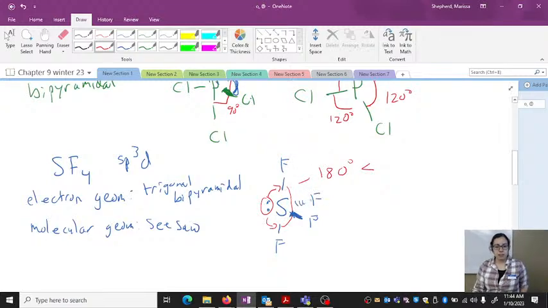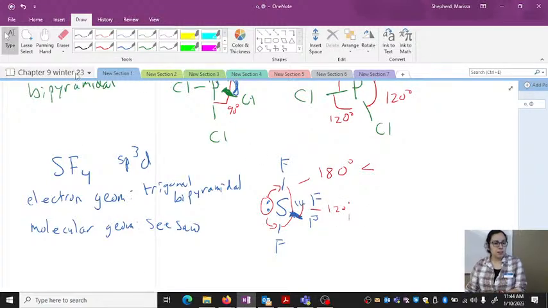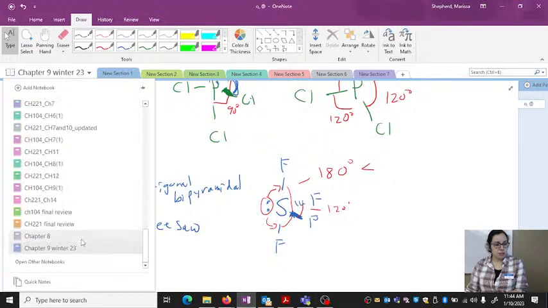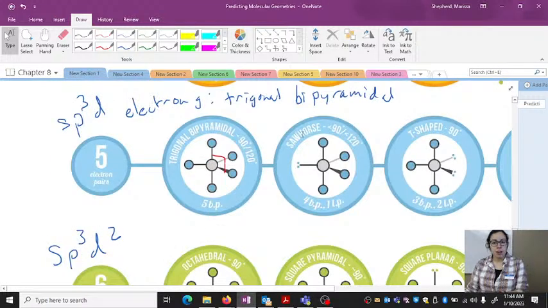And again, ideally, here to here should be about 120. It's probably a little less than that. And let's see if your chart gives you any indication. And so, right, it doesn't give you an exact value. It just says less than 120. And again, we expect that it's a little closer from the lone pairs.